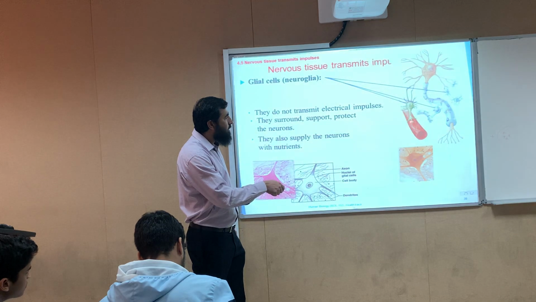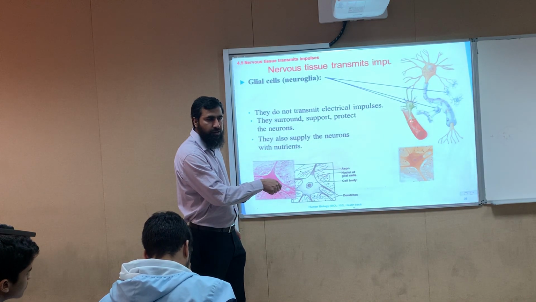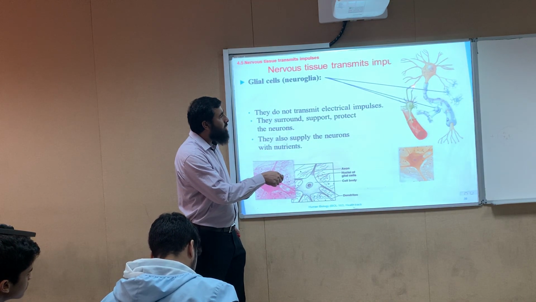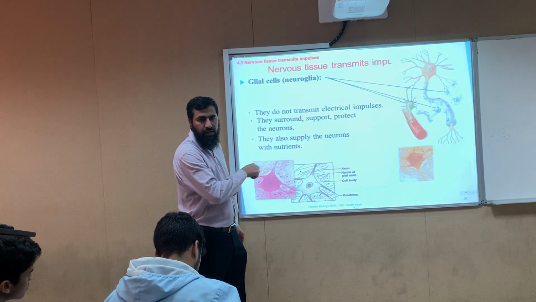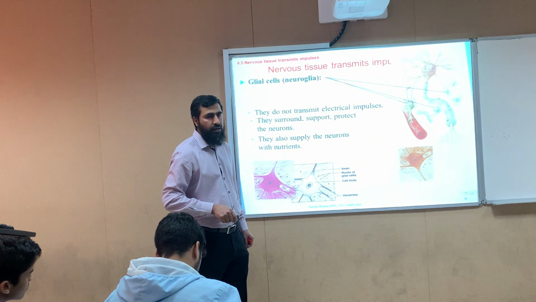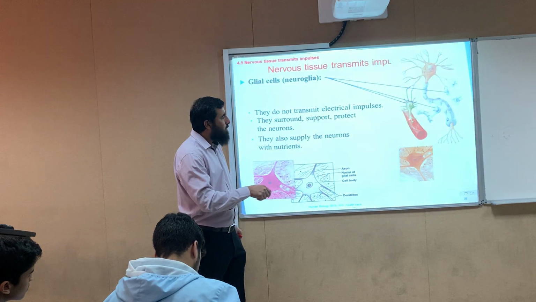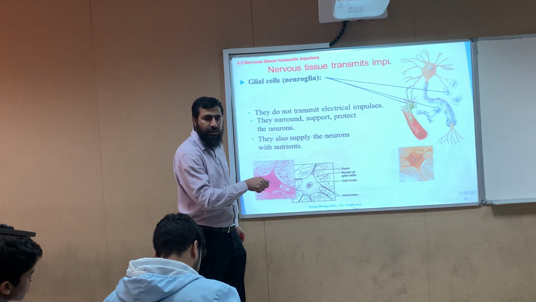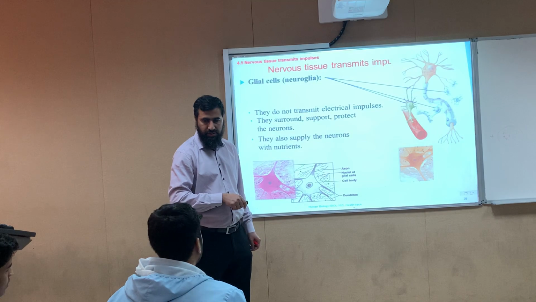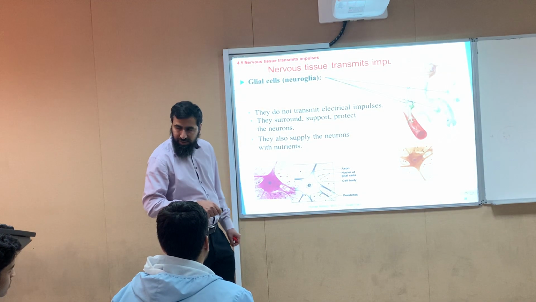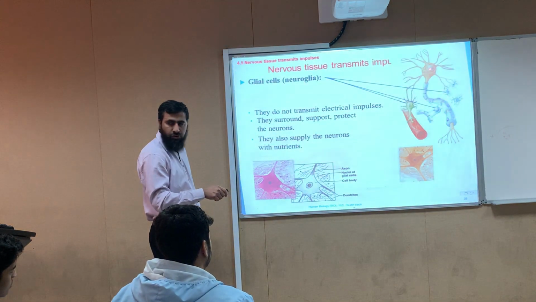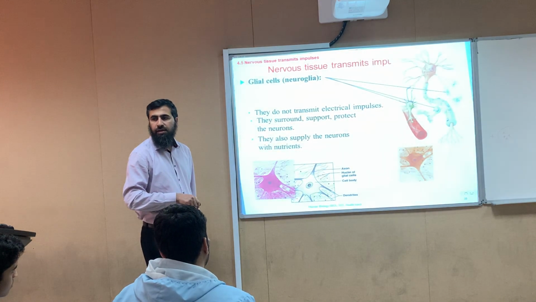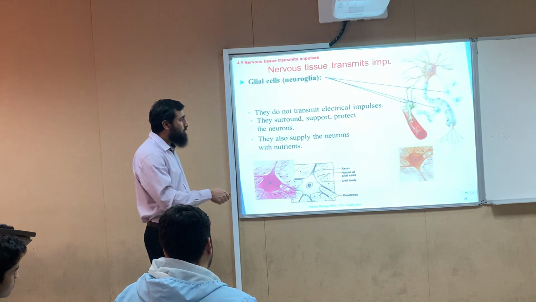They have connections to the blood vessels, pick up the nutrients, and they're connected also to the neuron itself. So the neuron is not actually close to blood vessels, all right? So the glial absorb the nutrients and then transmit those nutrients to the neuron itself, okay? So it helps to nourish it.